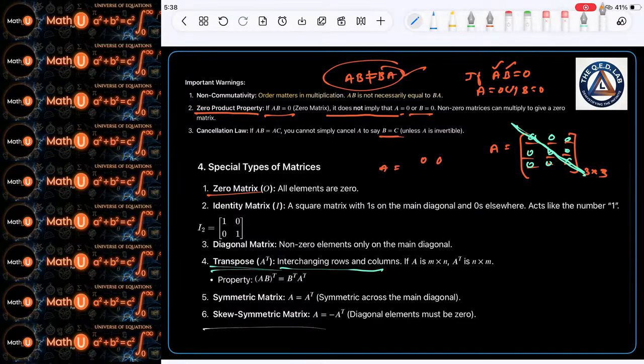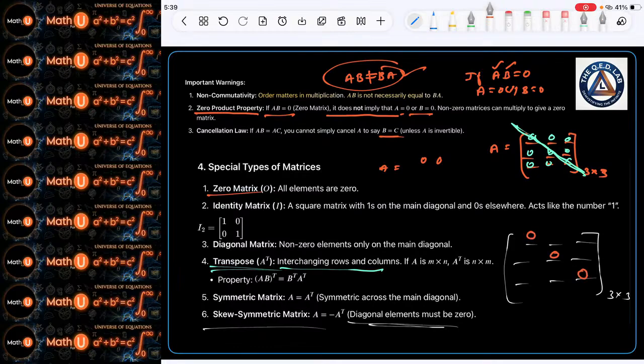And come to the skew-symmetric matrix. In a skew-symmetric matrix, all the diagonal elements must be 0. This is the first condition. For example, if you consider a 3 by 3 matrix and want to say it is skew-symmetric, all the diagonals should be 0.